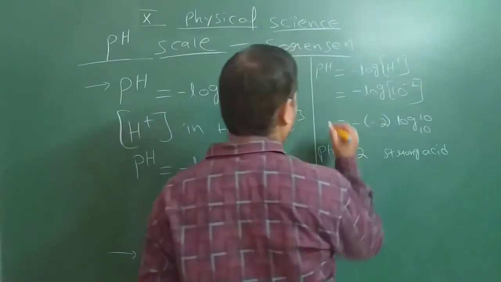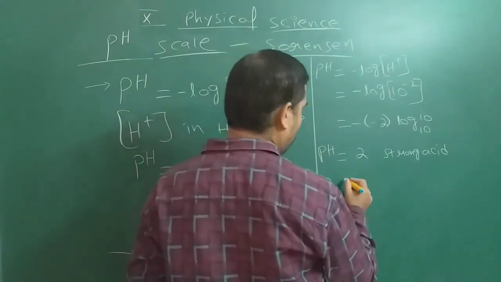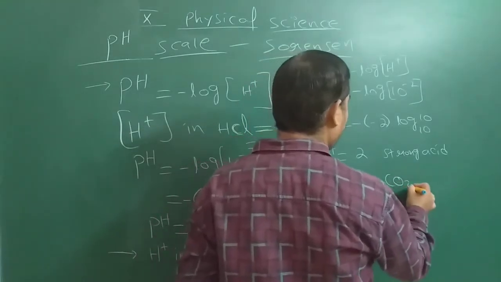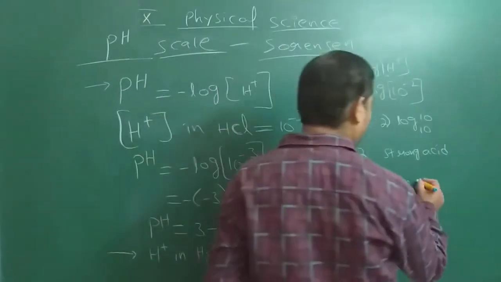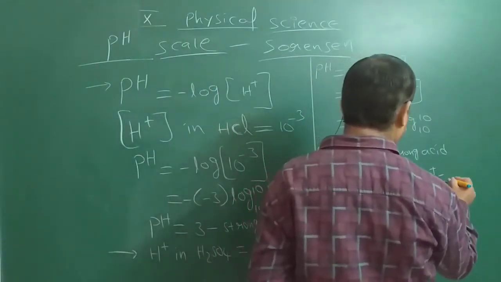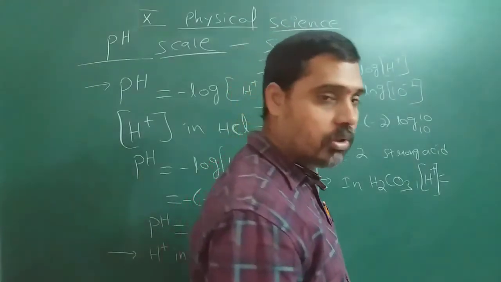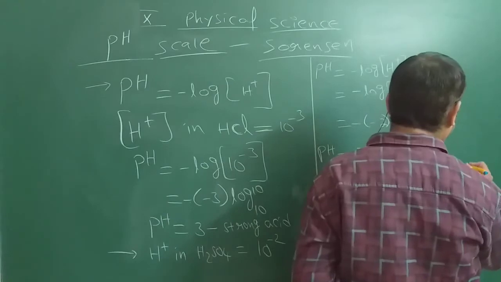Now let us go for the third one. Suppose in carbonic acid, H2CO3, the H plus ion concentration is, let us assume, 10 power minus 5.